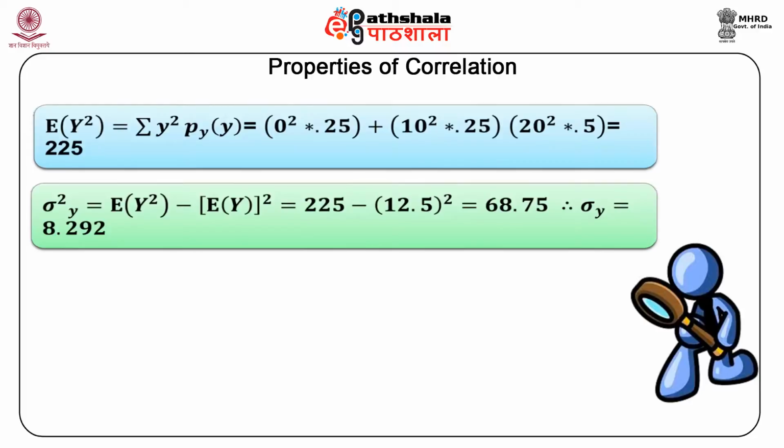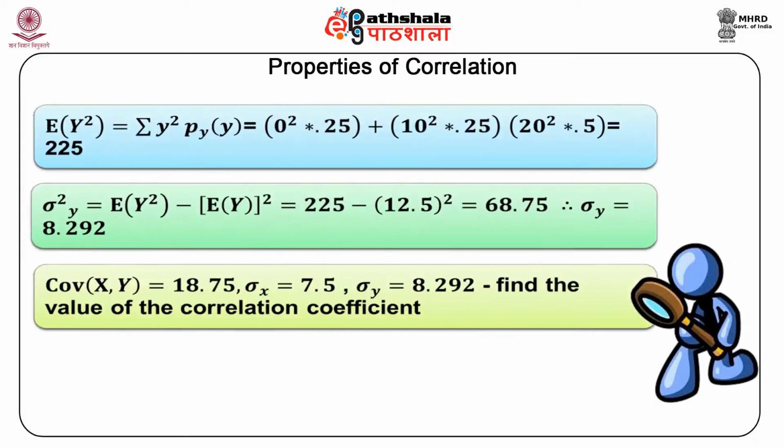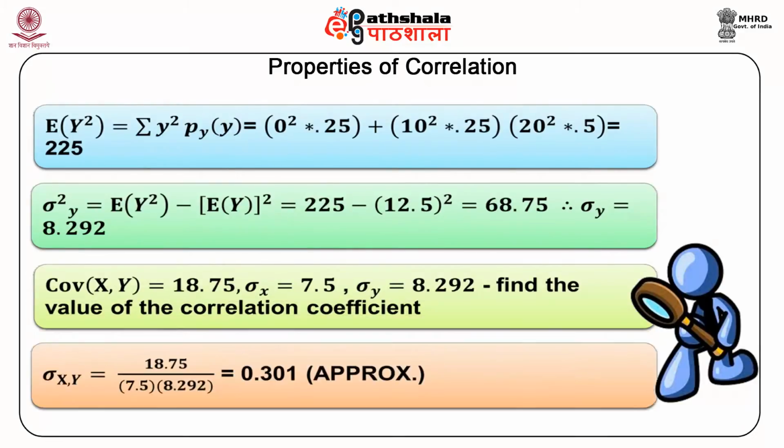Therefore, sigma y is equal to 8.292. Given covariance xy is equal to 18.75, sigma x is equal to 7.5 and sigma y is equal to 8.292, we can now find the value of the correlation coefficient. Rho xy is equal to 18.75 divided by 7.5 multiplied by 8.292, which is equal to 0.301 approximately.